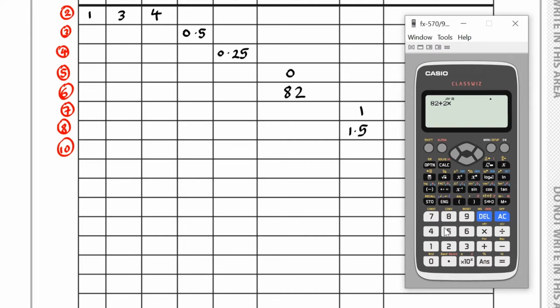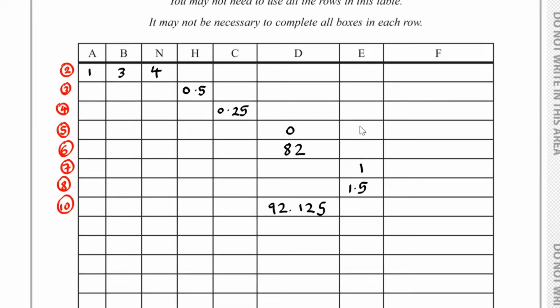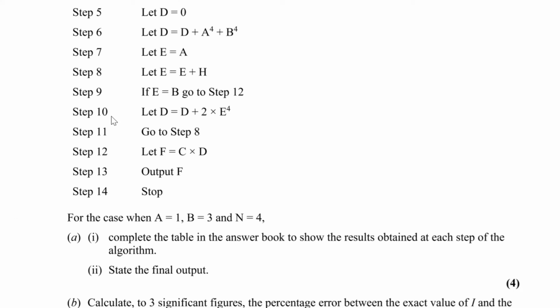So we have 2 times 1.5 to the power of 4, which is 92.125. So we write 92.125 here. So that's step 10 completed.